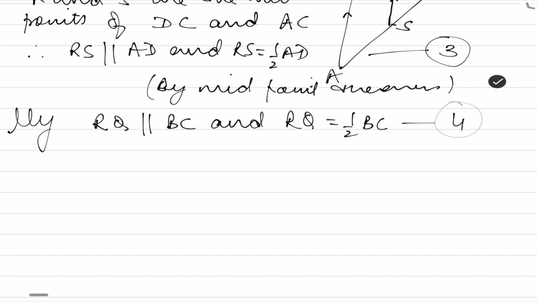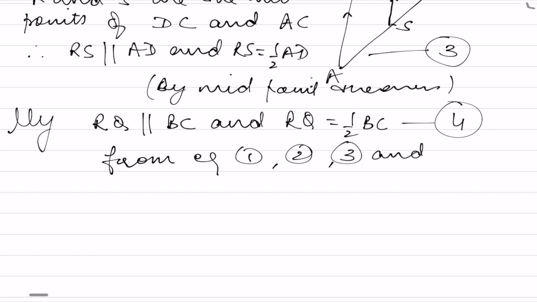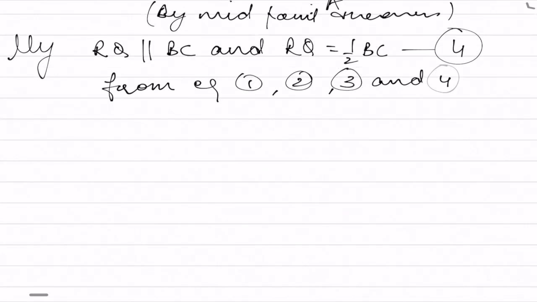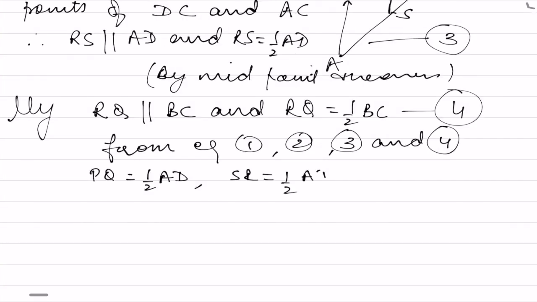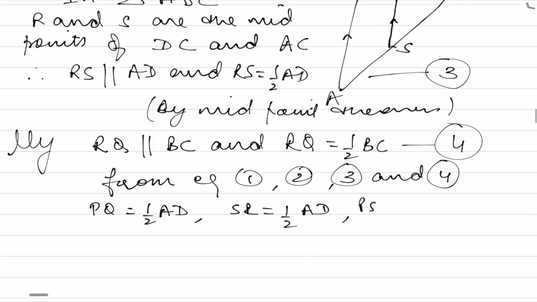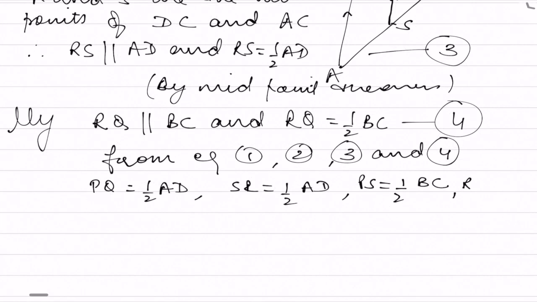So from equations 1, 2, 3 and 4, we can see that from the first we have observed that PQ is half of AD. From equation 3, SR is also half of AD. From equation 2, PS is half of BC, and from equation 4 also RQ is half of BC.